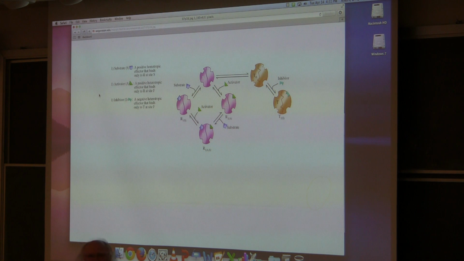And in fact, that does happen. Because what's happening is the binding of an inhibitor converts the enzyme into the T state, and the T state was just like hemoglobin. In the T state, hemoglobin didn't bind oxygen very well. In the enzyme, the T state doesn't bind substrate very well.